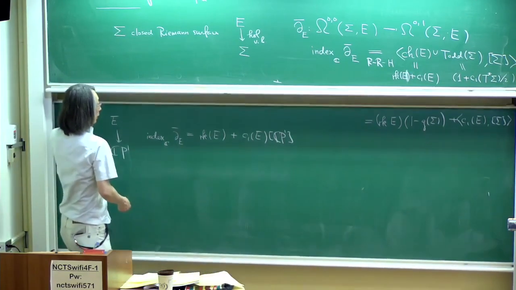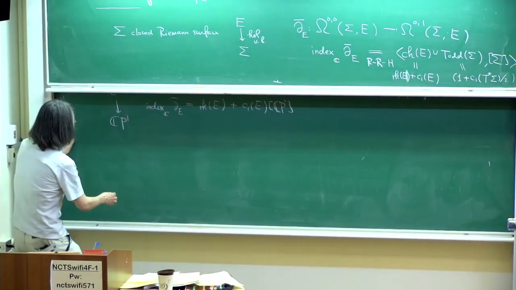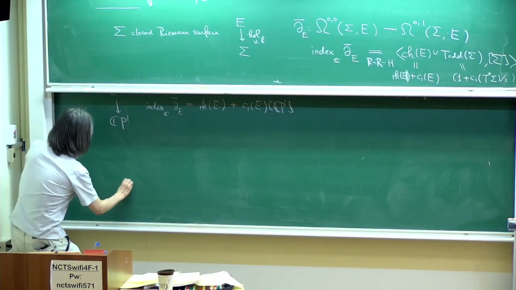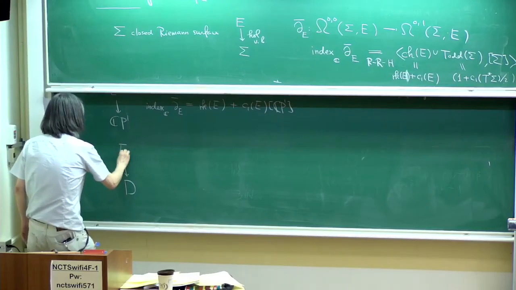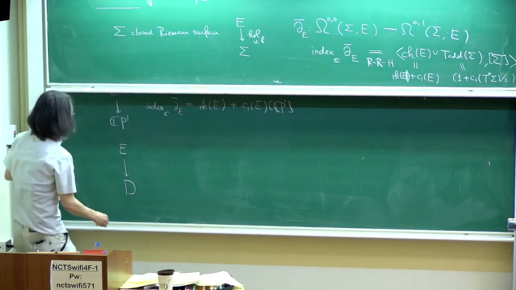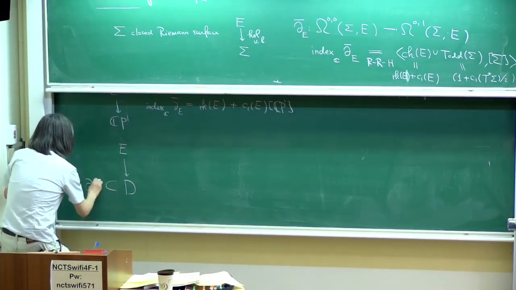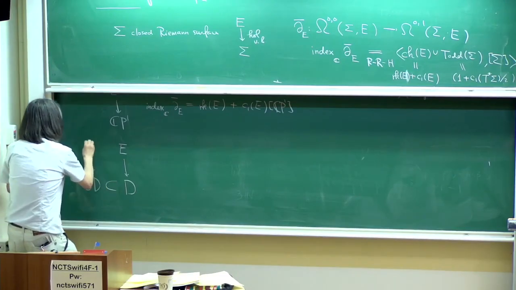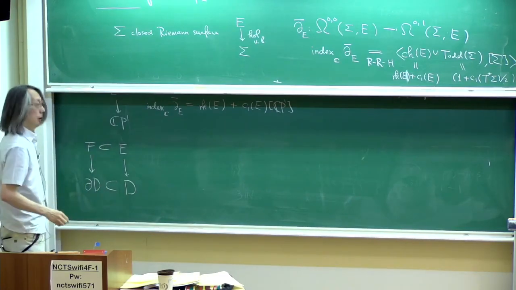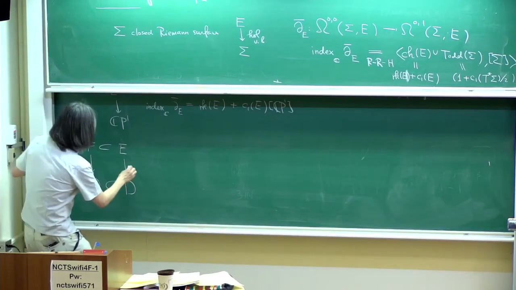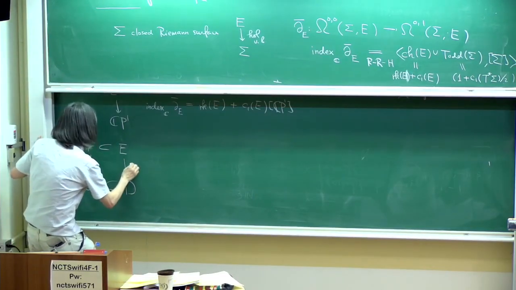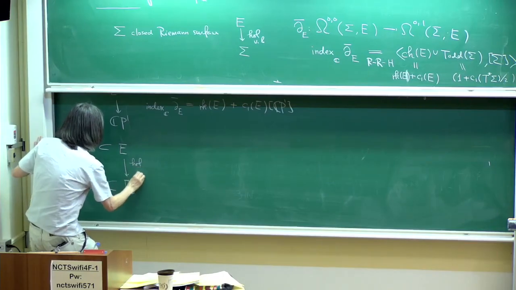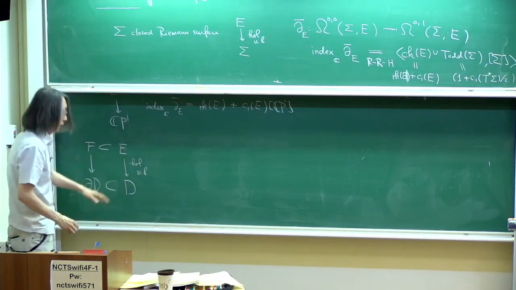But now I consider the relative version. So I have here a disk, and over here you have some bundle E, like that. And then over the boundary, I have this F, right? So now I consider E as a holomorphic bundle. Maybe just a trivial bundle is okay, but maybe just a holomorphic vector bundle, like a complex vector bundle.